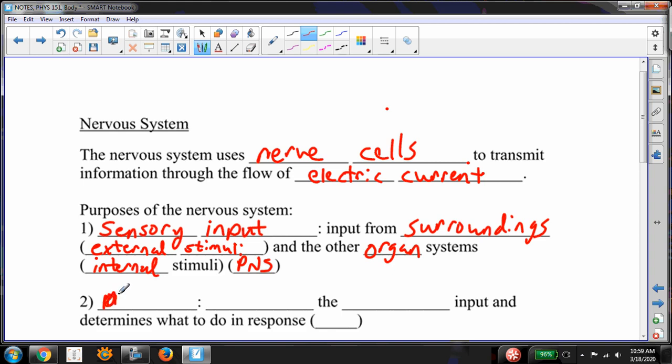Oh, I'm sorry. Integrate processes. The second purpose is to integrate processes. The sensory input. Sorry. The sensory input.